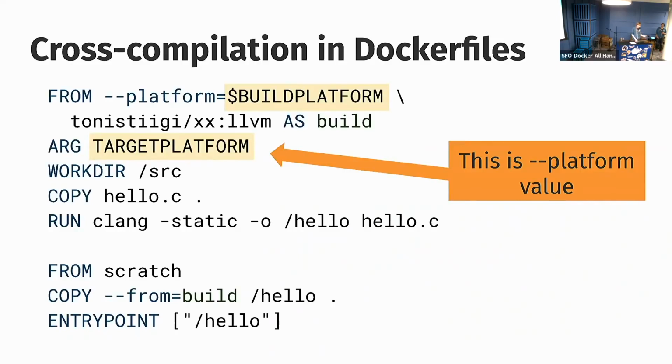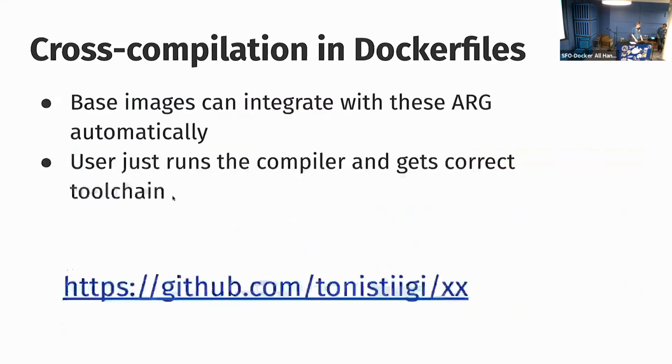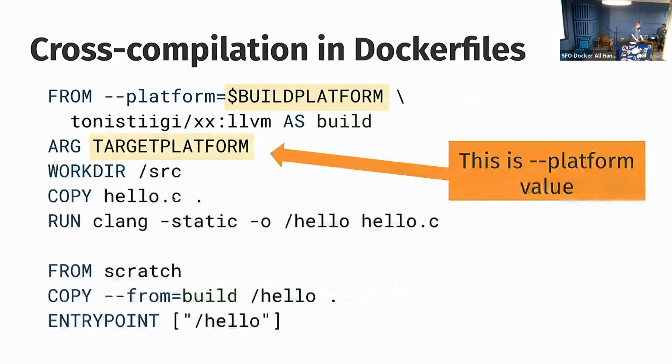It might be a little bit complicated because Clang doesn't actually understand this target platform value, and there are other values as well. But for that problem, we can use a base image that already has all this magic built in. For example, here I'm not building an official Clang image yet, I built my own image.